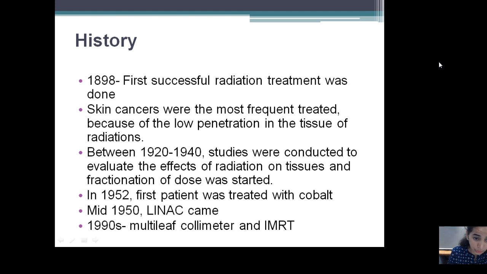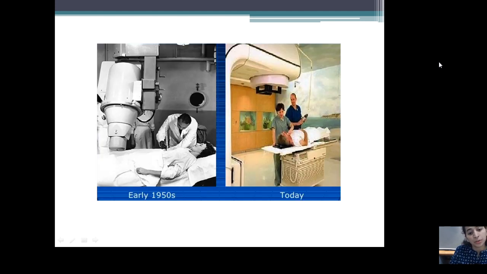Then with the advancement of technology, radiation therapy improved. So this is the early 1950s radiotherapy machines, and this is how it is today, with better technologies.